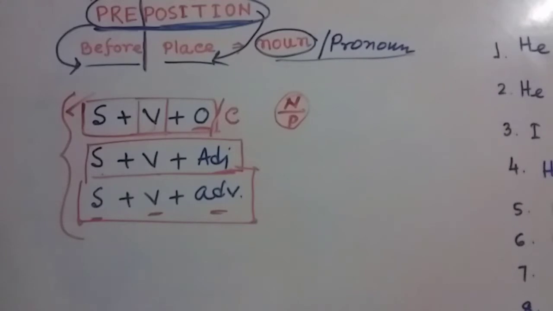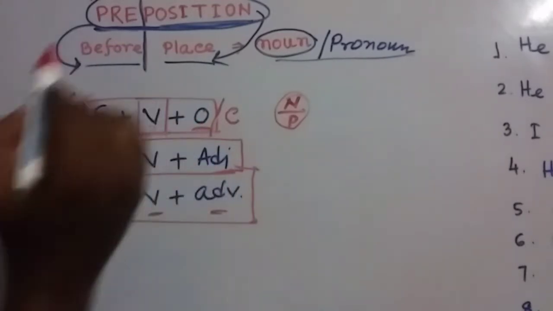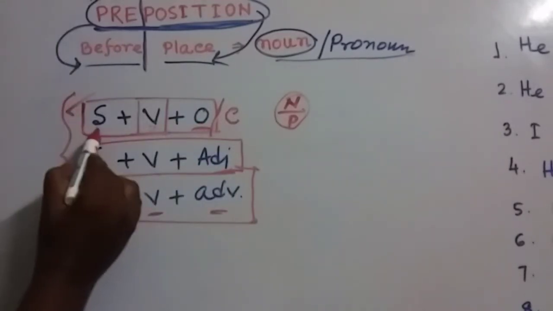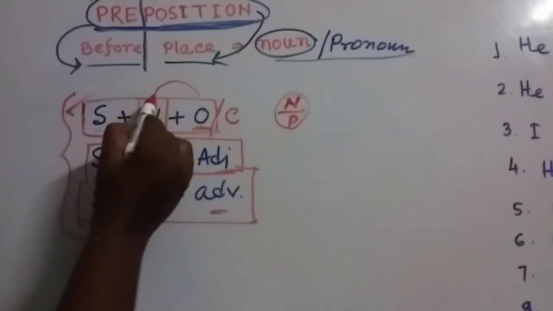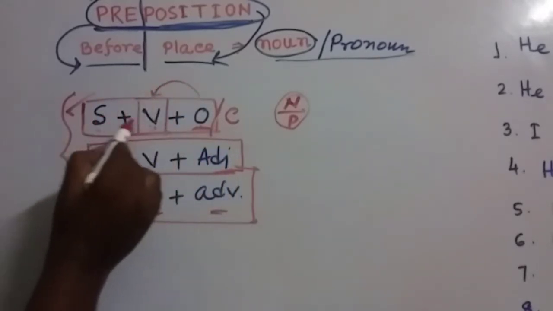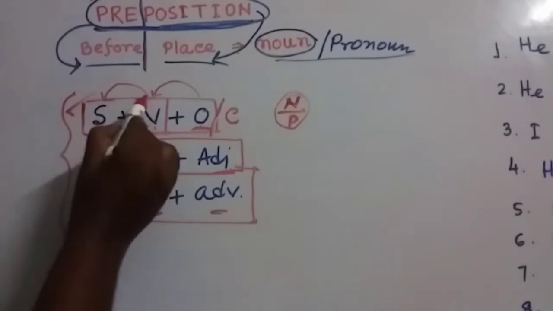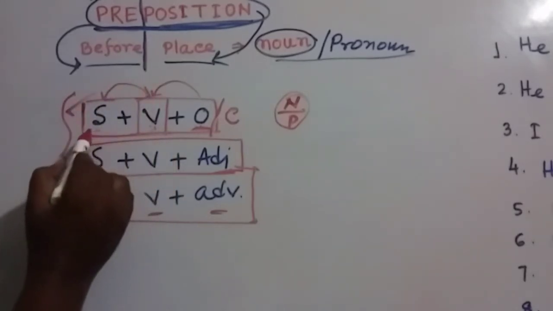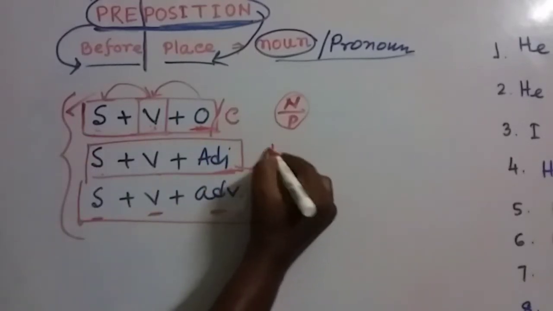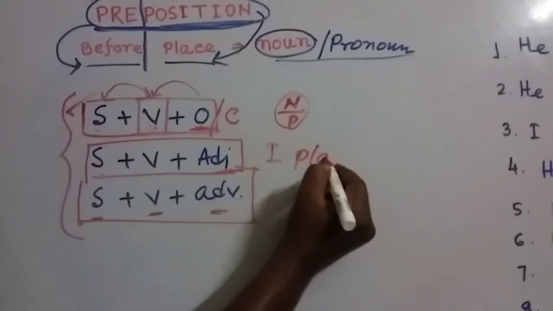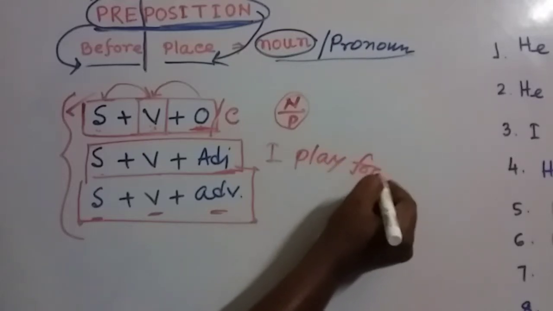If the structure is subject, then verb, then object, the object is the receiver of this action and the subject is the doer of this action. Subject is the doer and object is the receiver of this action. Just like this one, I play football.